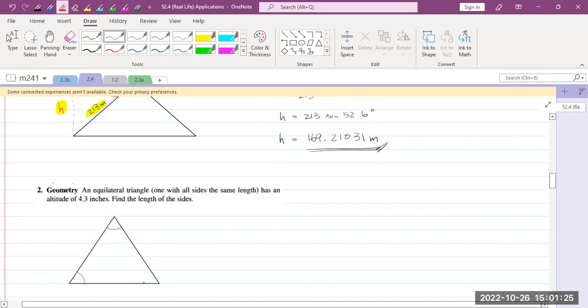Now, we know that the sum of the interior angles of a triangle is 180 degrees, right? Three of them are equal, so if we divide by 3, each of them will be 60 degrees.